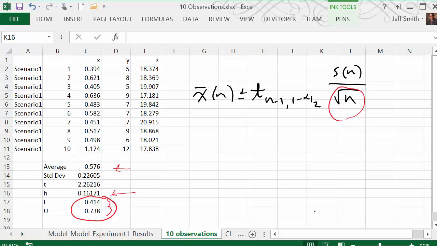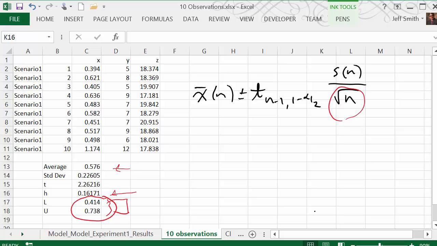What the confidence tells me is, if I replicate this experiment many, many times, so if I sample 10 more observations and compute the confidence interval, then 10 more and compute the confidence interval, and then 10 more and compute the confidence interval, 95% of those experiments will cover the true mean. So we can't make any type of probabilistic statement about where the true mean is with respect to these particular values. And that's really the fundamental difference between talking about confidence and talking about probability.